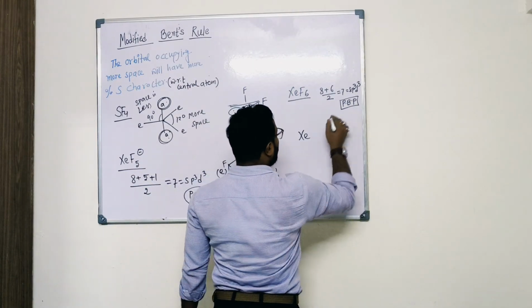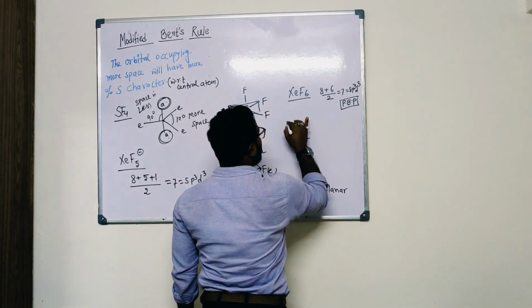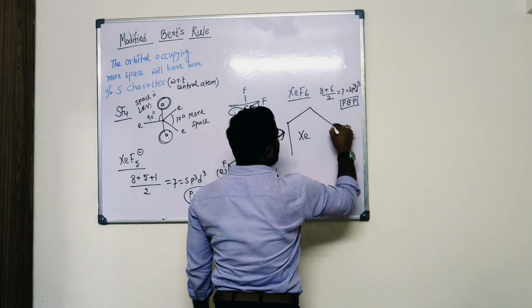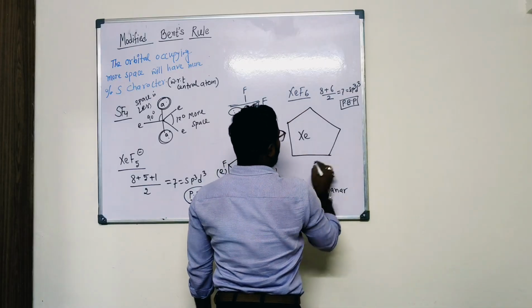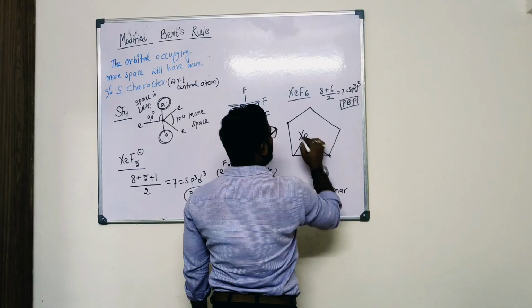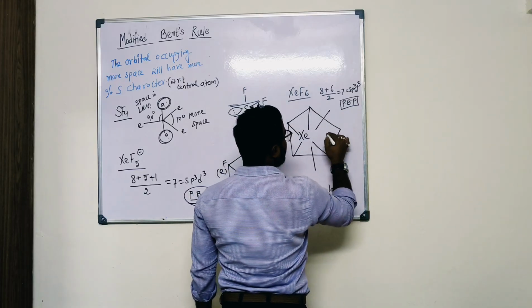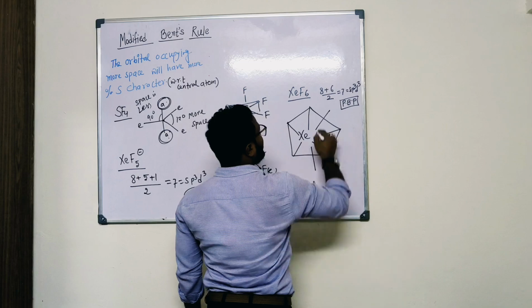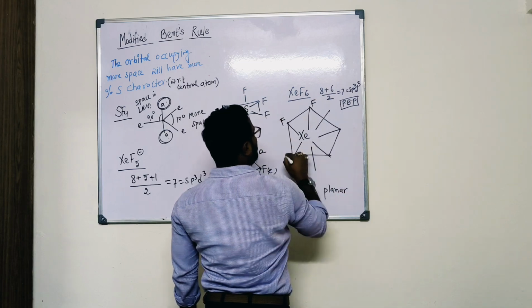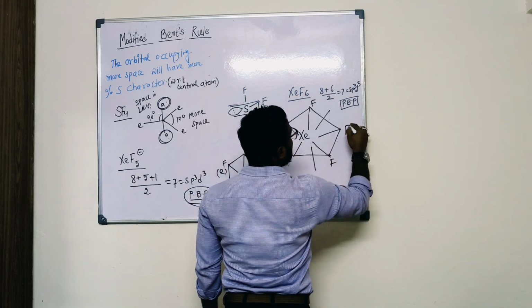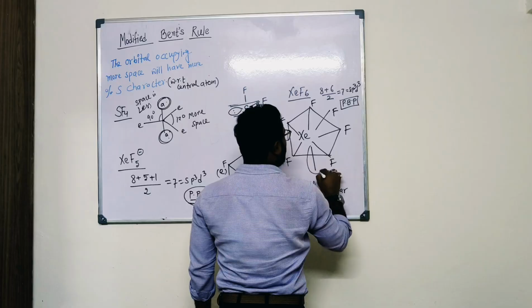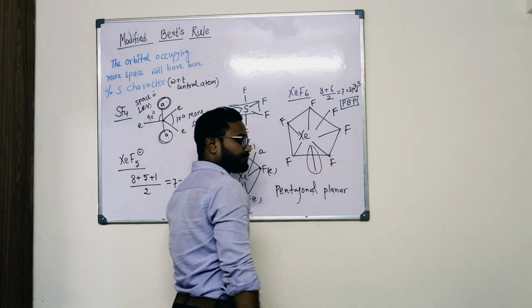Let's check XeF6. In this case arrangement is in the same way, 1, 2, 3, 4, 5, 6, total 7. In this case lone pair is present.